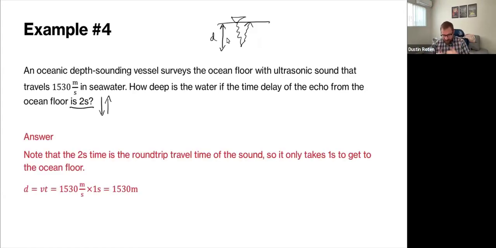Okay. So in that case, we know that the depth, or the distance that the sound travels, cutting that time in half would be 1 second. So when we do the simple multiplication here of the speed of sound in seawater and how long it takes, we get 1,530 meters as the depth.